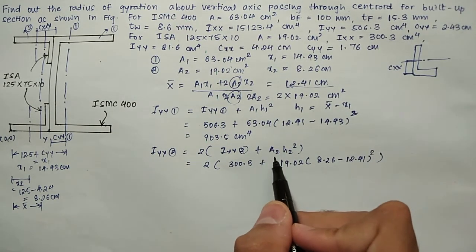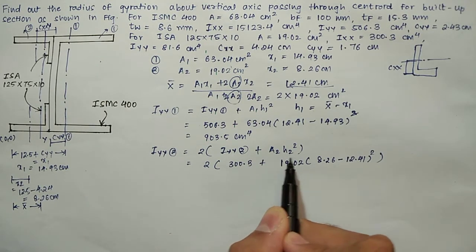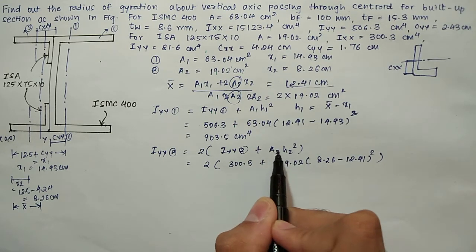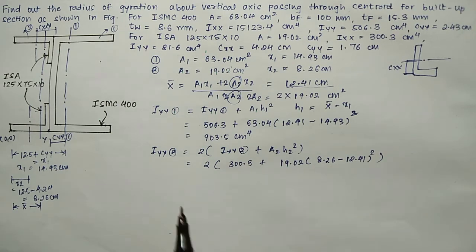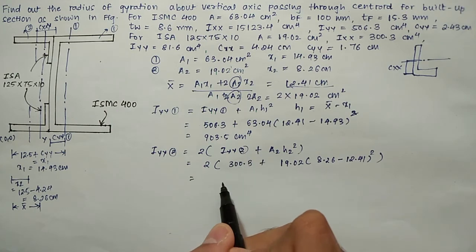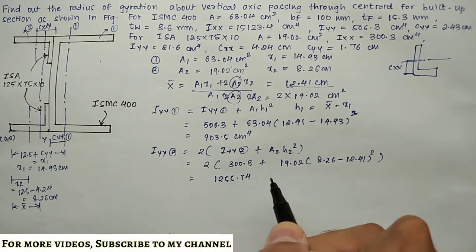No need to consider twice the area again, as the 2 goes inside and multiplies with 19.02, so twice the area we have actually considered, so no need to multiply 2 with a2 again. So the value of Iyy2 comes out to be 1255.74 centimeter raised to 4.